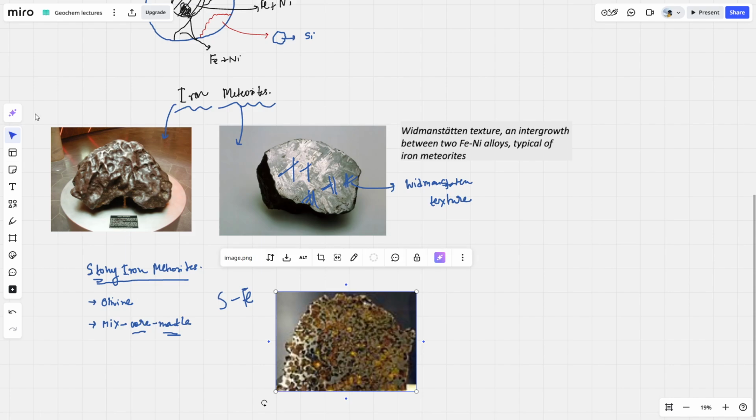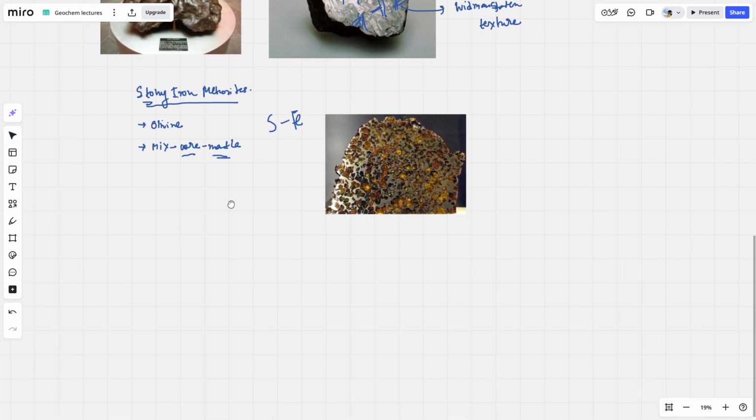This is a stony iron meteorite. Then we'll talk, lastly, about the stony meteorites.